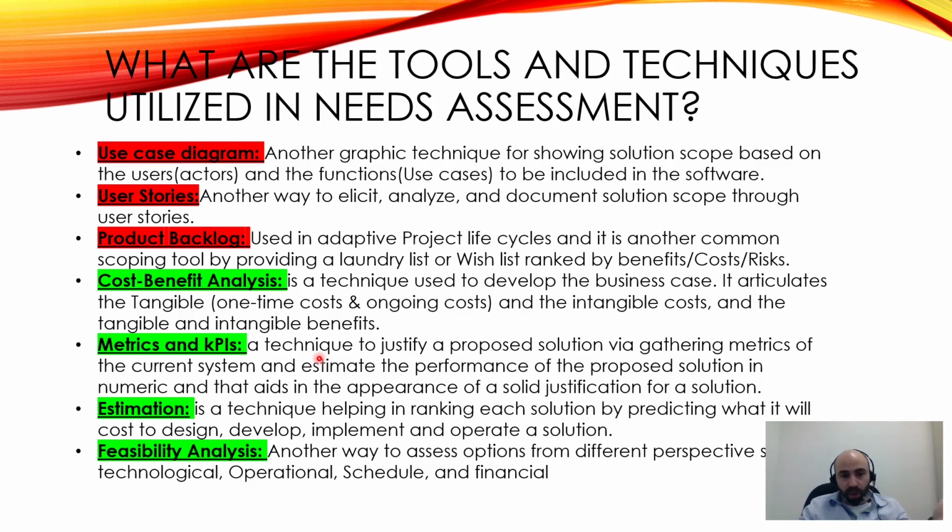One of them is the MoSCoW technique: must do, should do, could do, would do or nice to have, won't do. So different prioritization techniques. But again, a product backlog is a list of user stories. Again, that will help define the scoping, the solution scope.